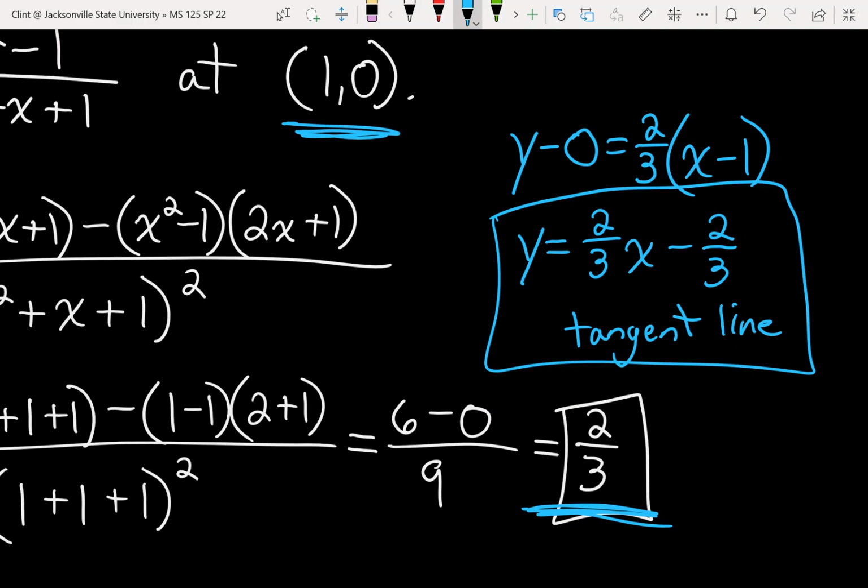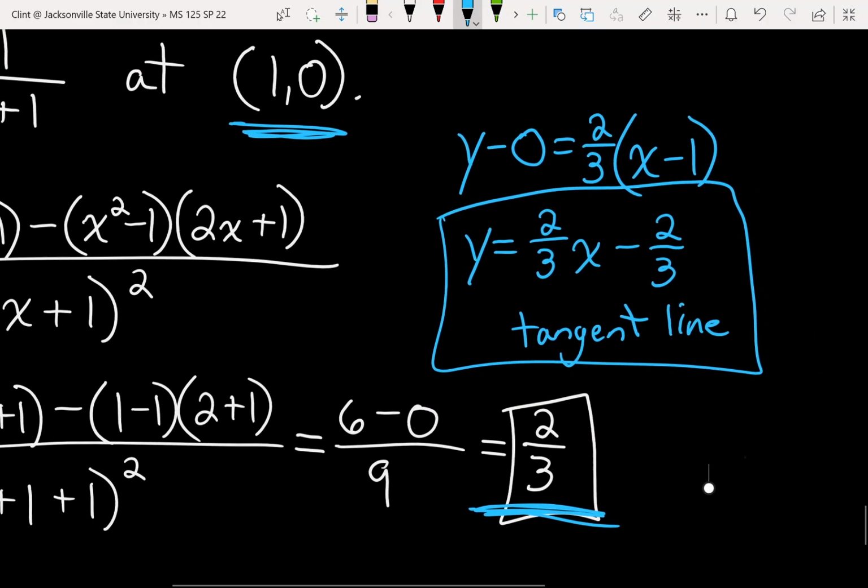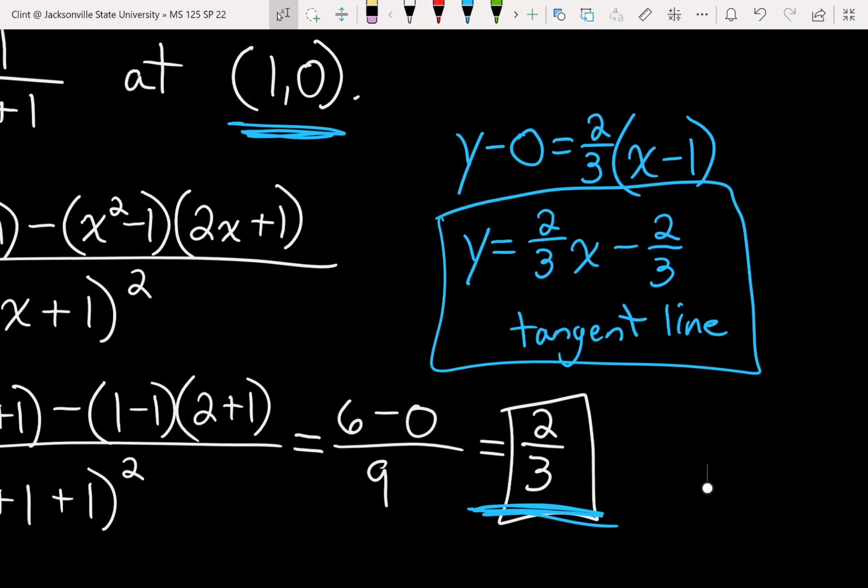You remember how we figure out the slope of the normal line? Normal line is the one that comes in perpendicular. So that's our normal line slope.